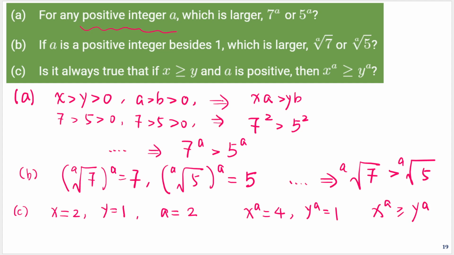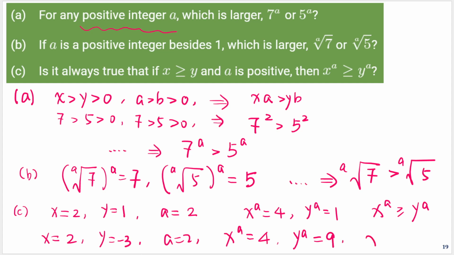But we could also let y be a negative number. In that case, for example, we could let x equals 2, y equals negative 3, right? Still, we let a equals 2. In that case, x to the power of a is 2 to the power of 2, which is 4. And y to the power of a is negative 3 to the power of 2, which is 9, right?